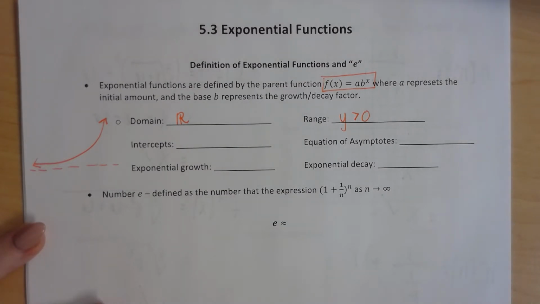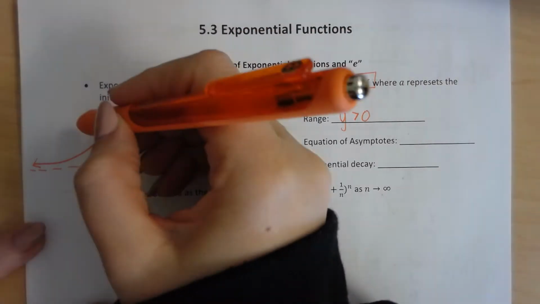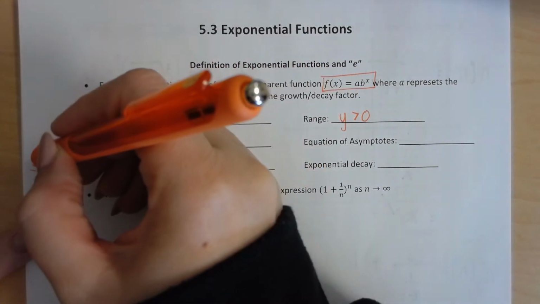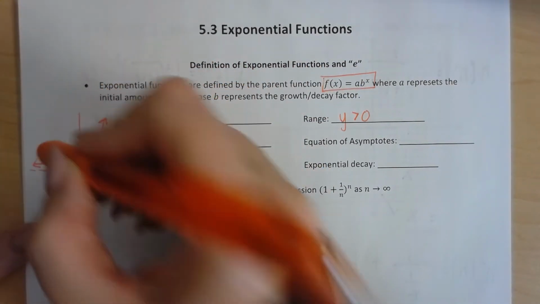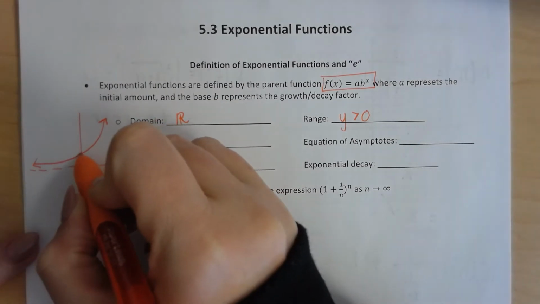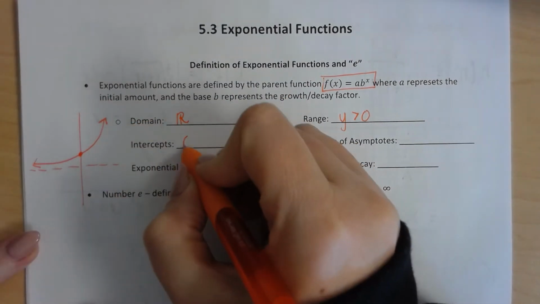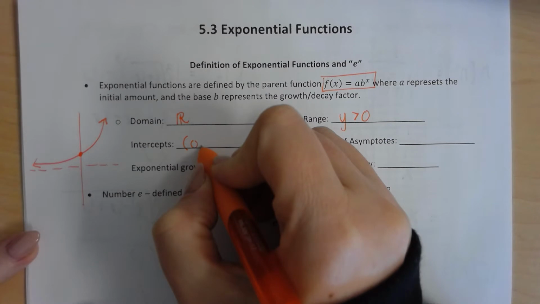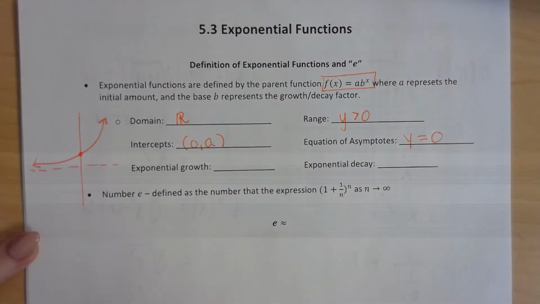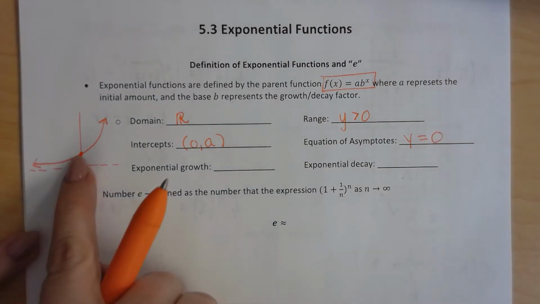Now for the intercept, the y-intercept is going to be at a. So the intercept is (0, a). The equation of the asymptote is y equals 0, unless, of course, it's shifted up or down.